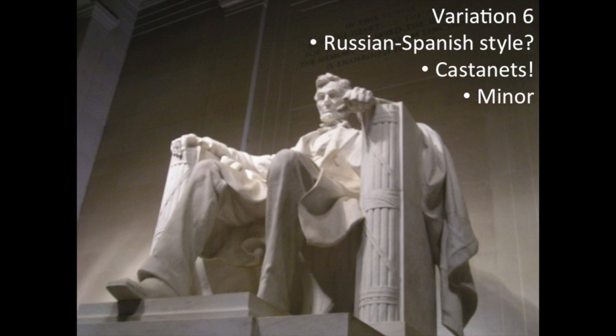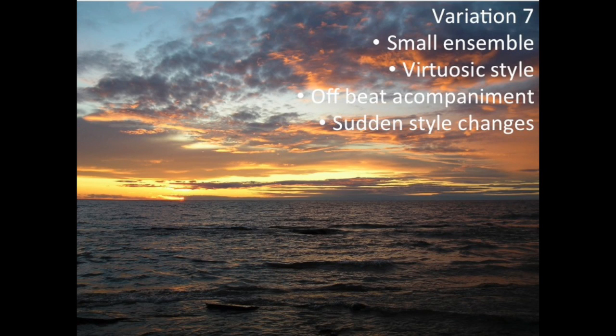The sixth variation has a very unique style. It's almost a blend of Russian and Spanish music, the use of castanets and the entrance of minor keys. And the seventh variation starts with small ensemble playing, very virtuosic approaches, an accompaniment that's built on offbeats, and sudden style changes.